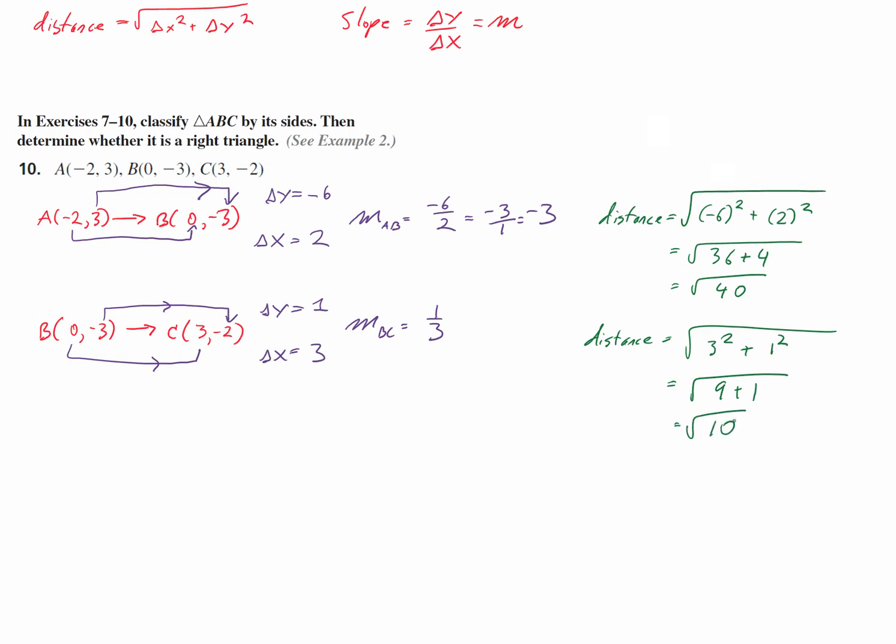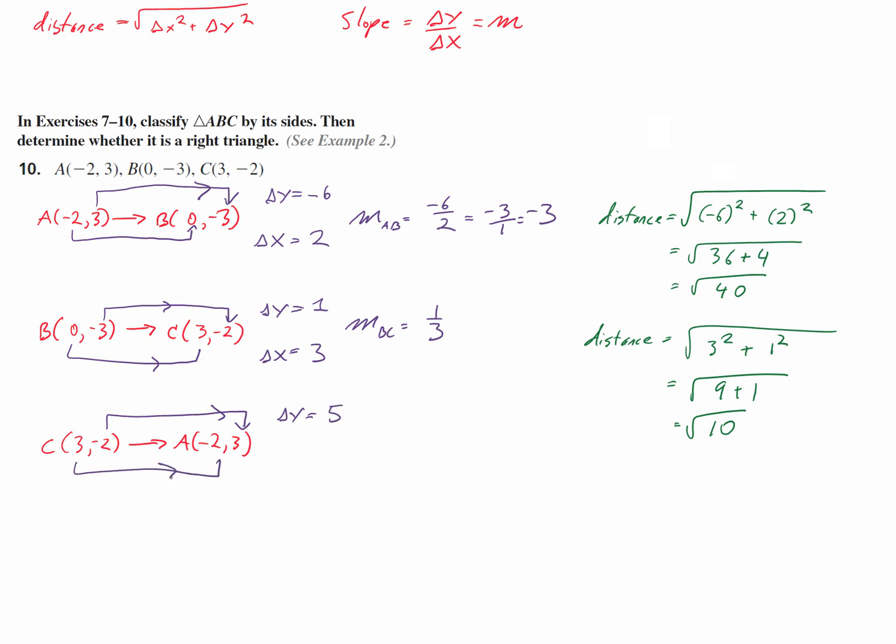Okay, one more length to check. And let's go from C, 3, negative 2, to A, which is negative 2 comma 3. And my change in y here is equal to, well, what do I have to add to negative 2 to get to 3? I have to add 5.